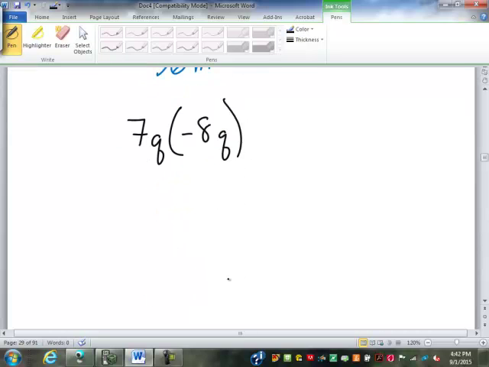See what you come up with. So, tell me what to do. 7 times negative 8 is negative 56. Good. And q times q is q squared. Very good.